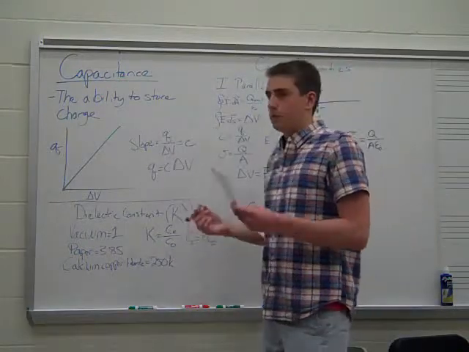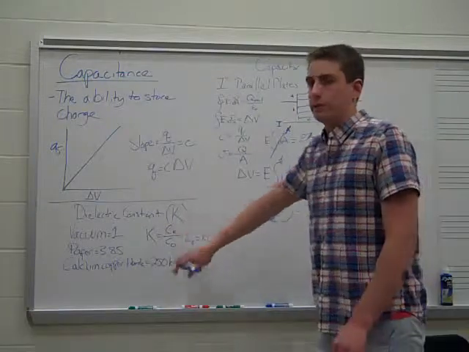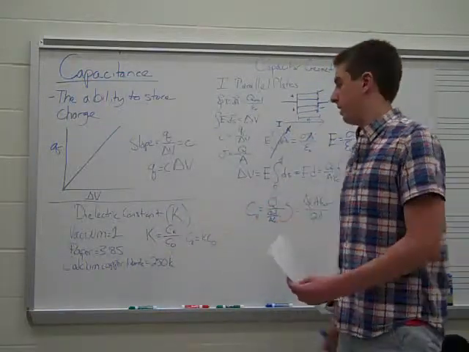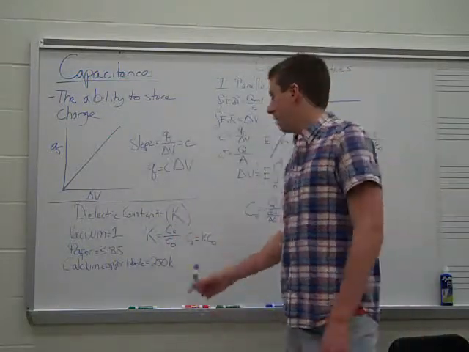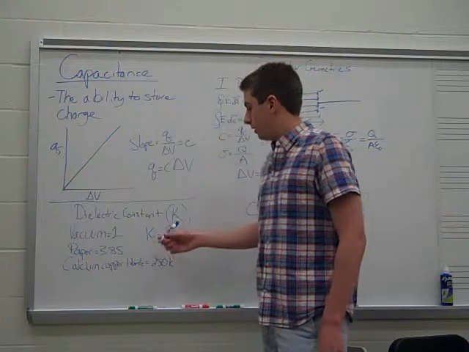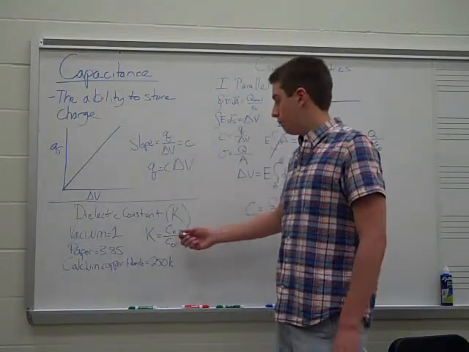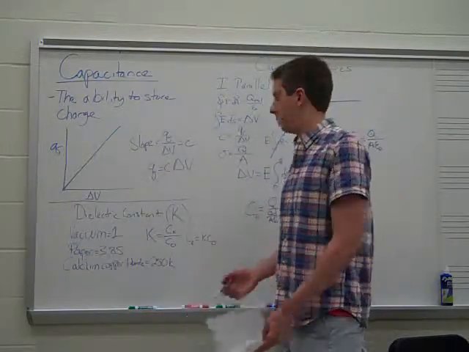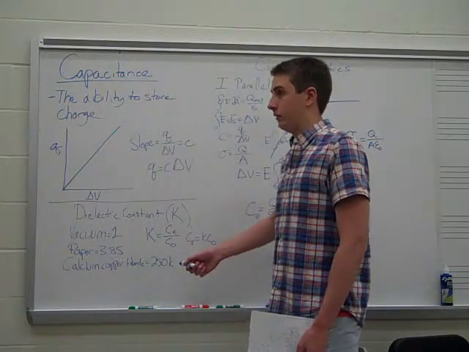Basically, permittivity is determined by epsilon naught, but if you multiply epsilon naught by kappa, you're going to get the actual permittivity of that space. And so kappa, you can derive by dividing the capacitance of the capacitor with a dielectric substance in it, which I'll discuss in a minute, over the capacitance in the vacuum.